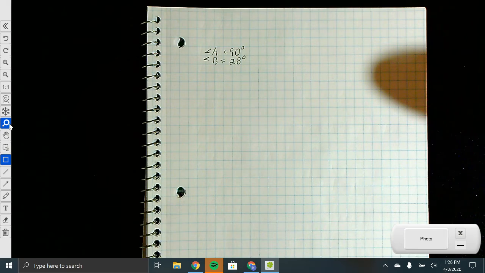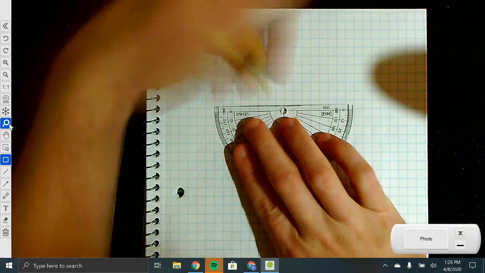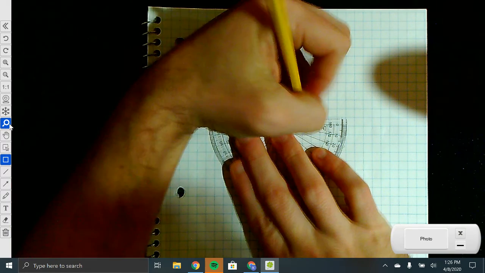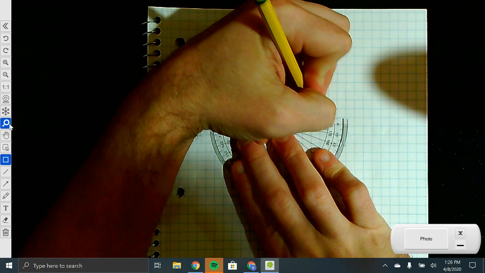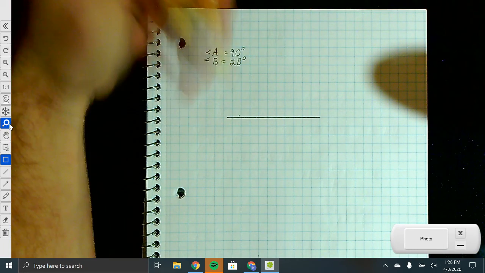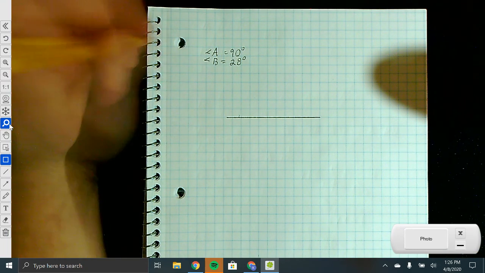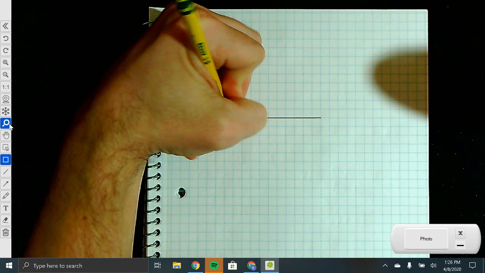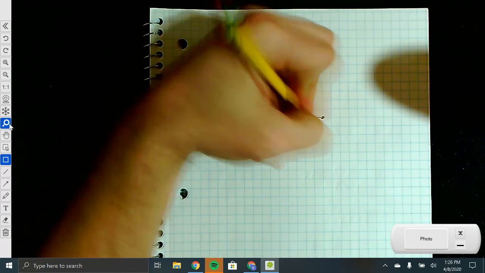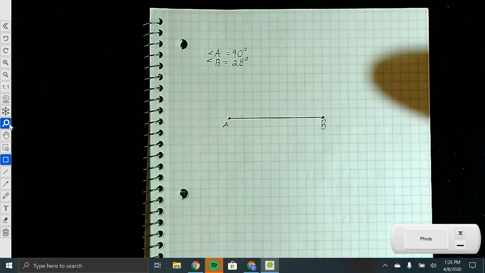So to draw this triangle, the first step is just to give us a line segment, and we can title that AB. Now, if you're using graph paper, it makes things a little bit easier to line stuff up, but it doesn't have to be perfect. So I'm not going to perfectly line mine up on the squares. Just need to draw a line segment AB. So I'm just going to label that AB.